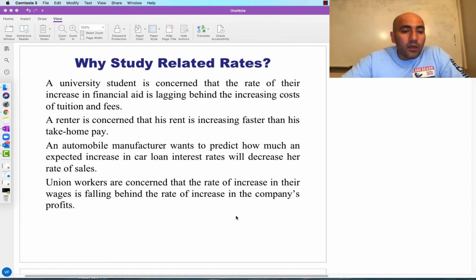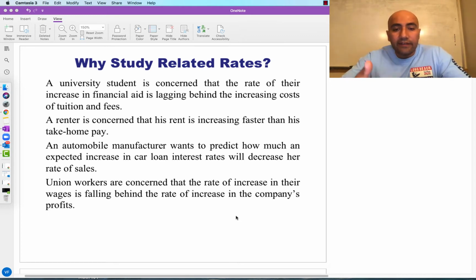Or another example. Union workers are concerned that the rate of increase in their wages is falling behind the rate of increase of the company's profits, right? So ideally, if the company is making more and more money, their profits are increasing. Hopefully, they're sharing a proportion of that profit with their employees. That could be something the union workers can use to negotiate a future contract, right?